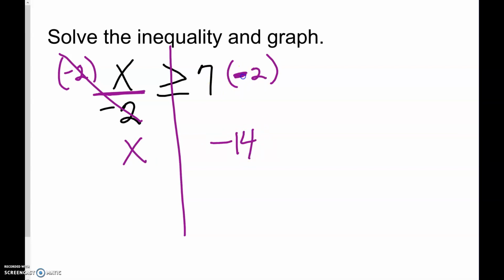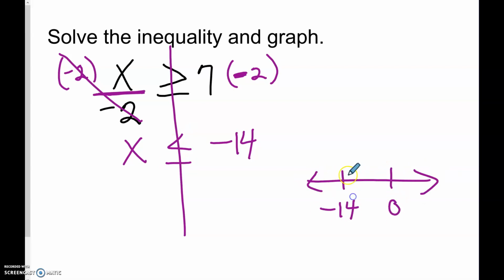A -2, so I'm going to flip my sign. So we're going to have a closed circle here at -14 because it says less than or equal to. It has that equal sign underneath it, so we're going to shade it in, and with less than, our numbers get smaller when we go to the left.